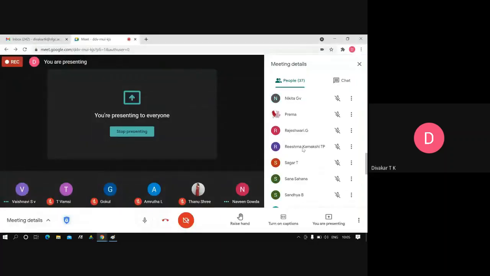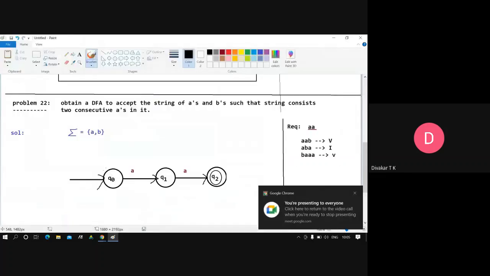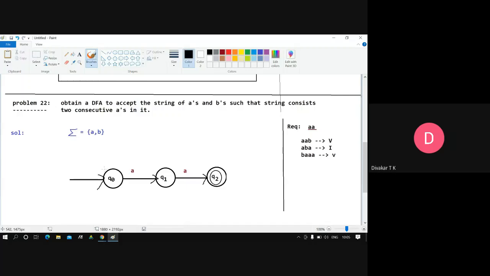Kamakshi, you can answer. From Q0, the B symbol is not passed, so there is no outgoing edge. Where am I supposed to pass that edge? Self loop to Q0. Very good, no doubt it is a self loop for Q0.